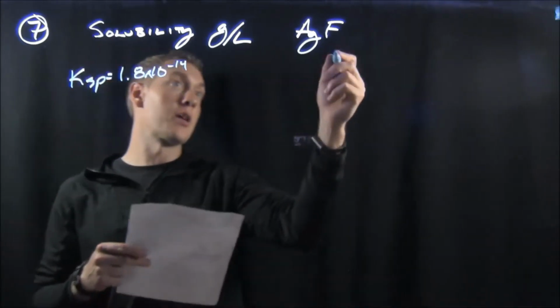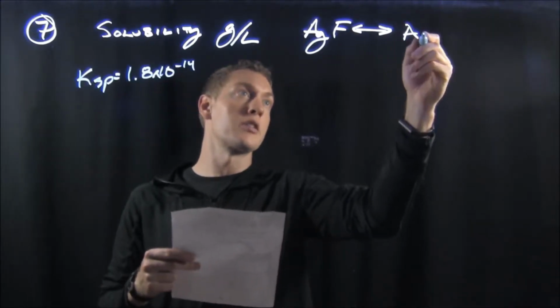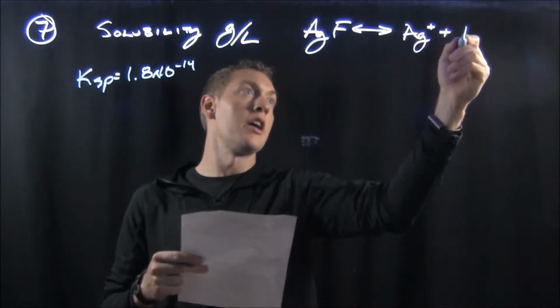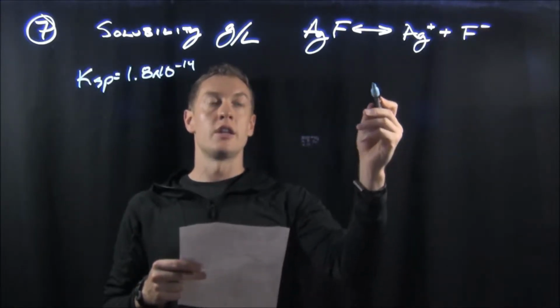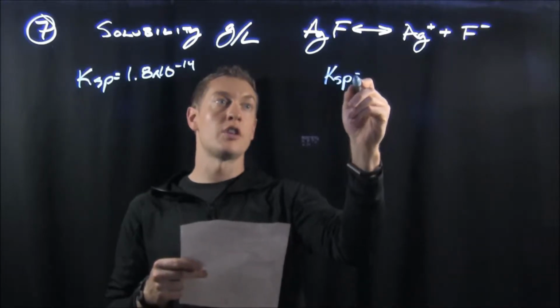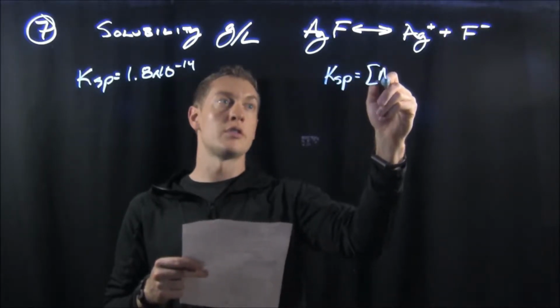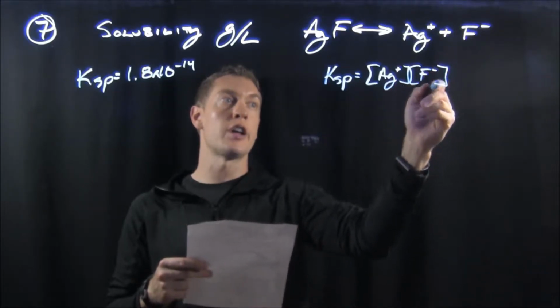So we need to examine when silver fluoride dissociates, it's going to make silver ion and fluoride ion. Then your Ksp expression is going to equal the concentration of silver ion times the concentration of fluoride ion.